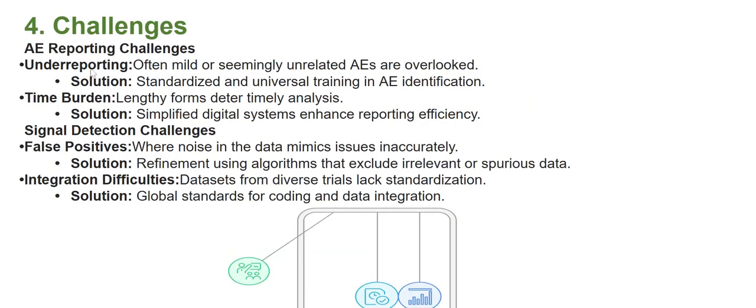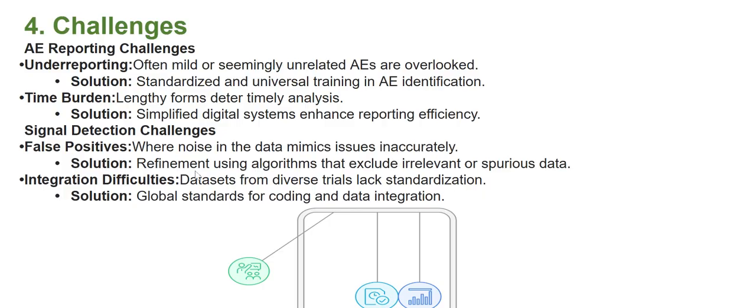Challenges: adverse event reporting challenges. We have underreporting: often mild or seemingly unrelated AEs are overlooked. Solution: standardized and universal training in adverse event identification. Time burden: lengthy forms deter timely analysis. Solution: simplified digital systems enhance reporting efficiency. While signal detection challenges include false positives, where noise in the data mimics issues inaccurately.